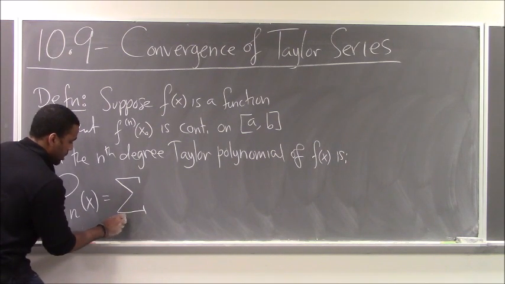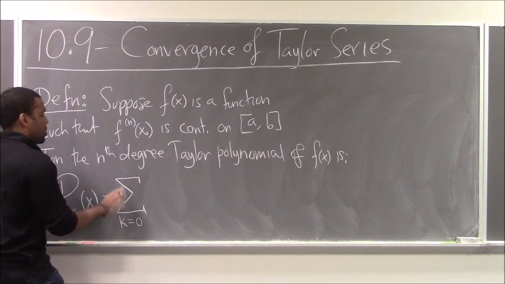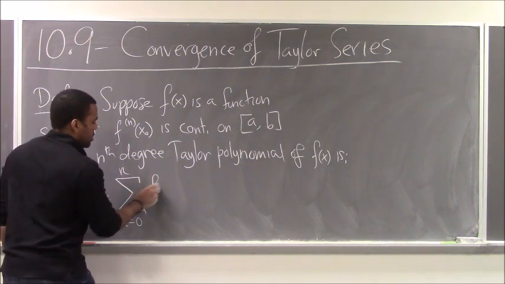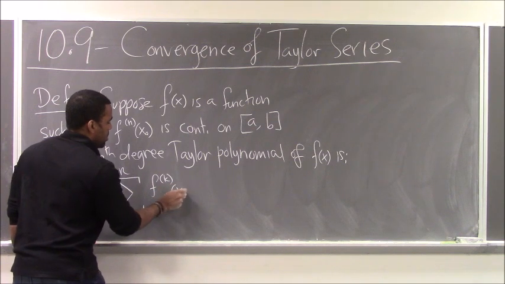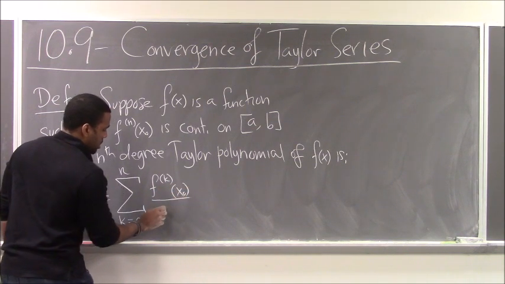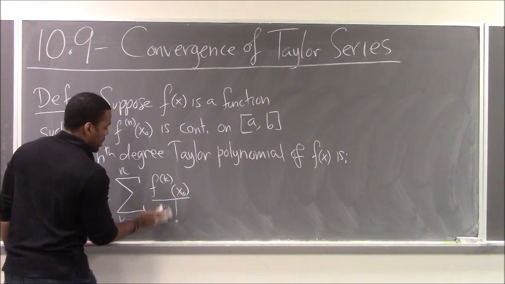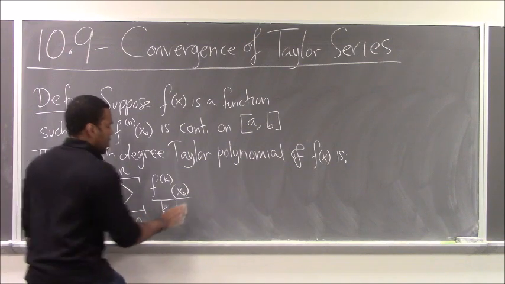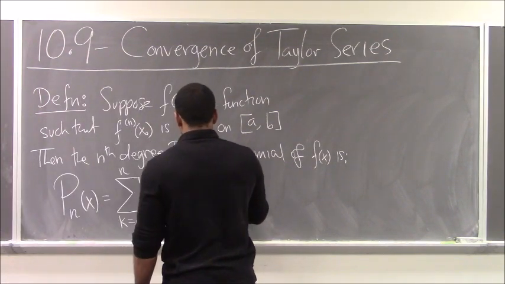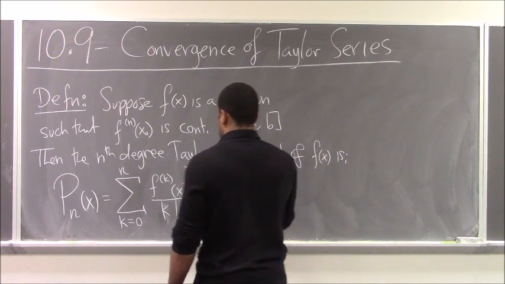Let's say k goes from 0 up to n of f to the kth derivative at x naught over k factorial times x minus x naught to the k.